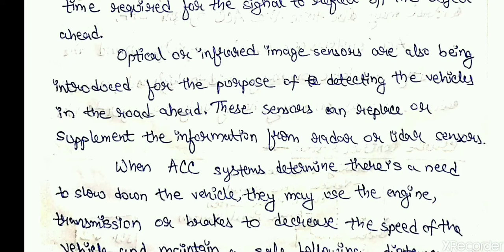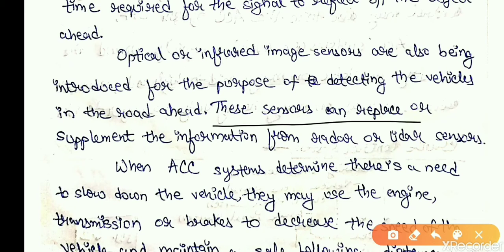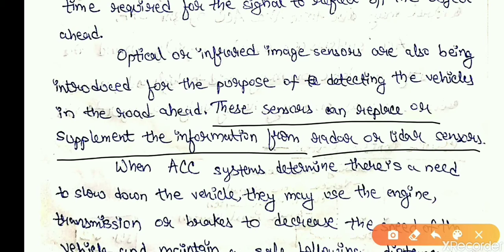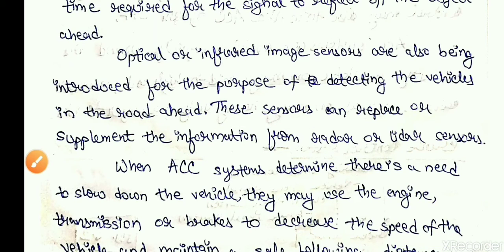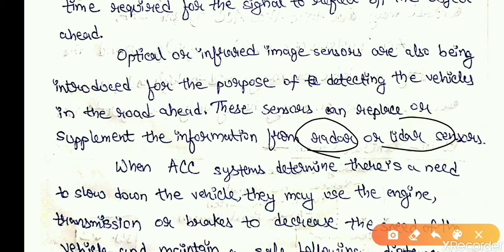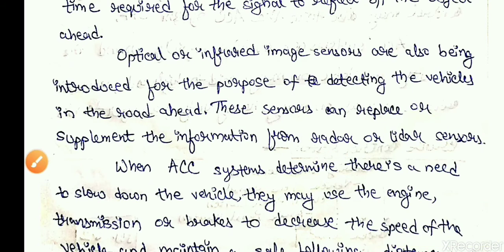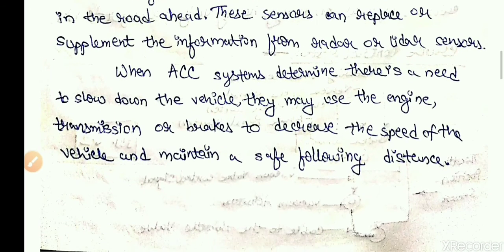These sensors can replace or supplement the information from radar or LiDAR sensors. This provides additional data that the radar or LiDAR sensors cannot give you. Now see the next paragraph.